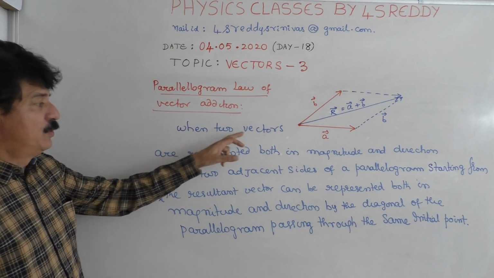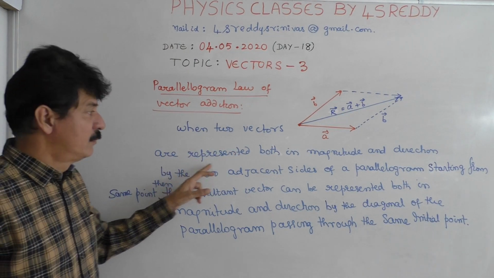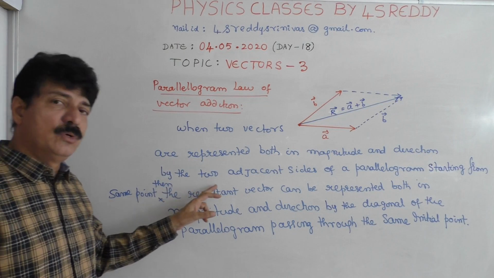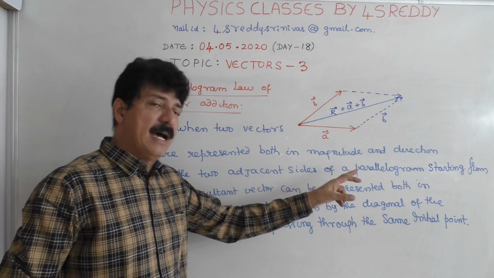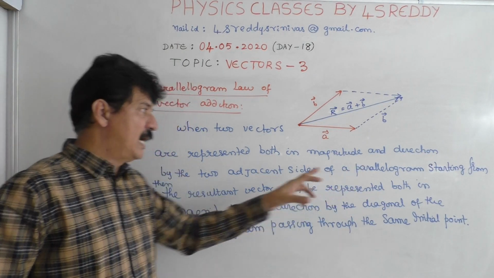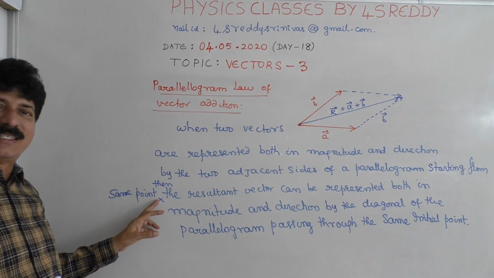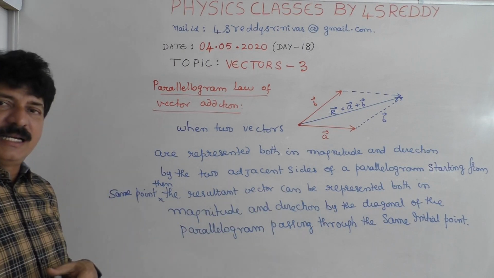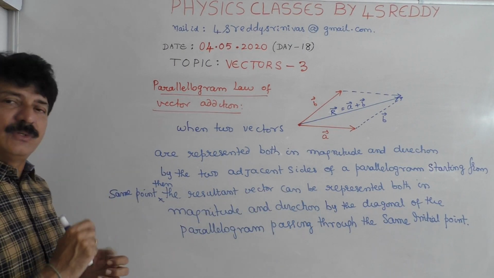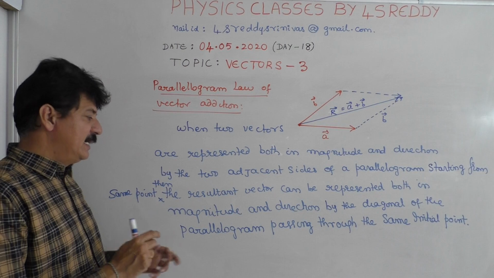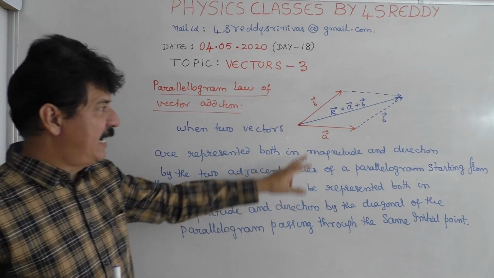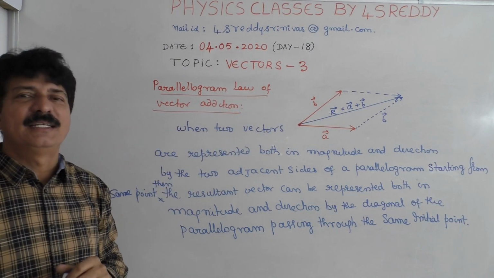So, when two vectors are represented both in magnitude and direction by the two adjacent sides of a parallelogram, starting from the same point, then the resultant vector can be represented both in magnitude and direction by the diagonal of the parallelogram passing through the same initial point.